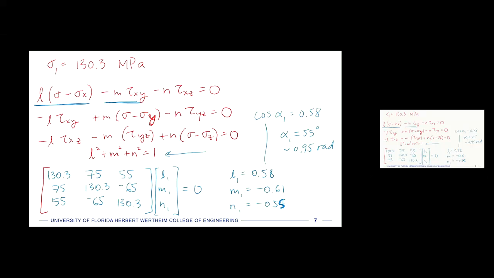Okay, so that's for the first principal stress, the tensile stress, and we can do the same thing with the other principal stresses. So we can do sigma 2, and that was equal to minus 53.6 megapascals.